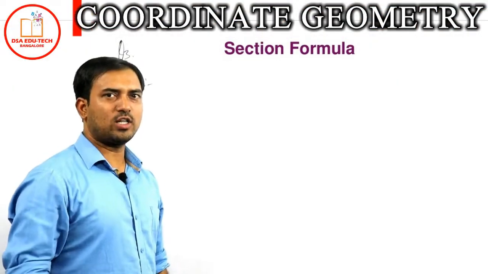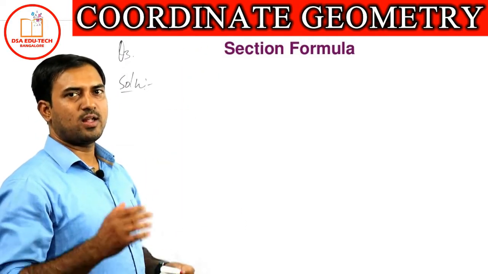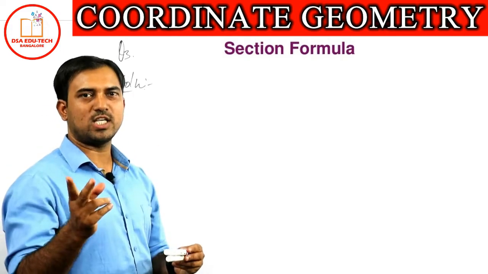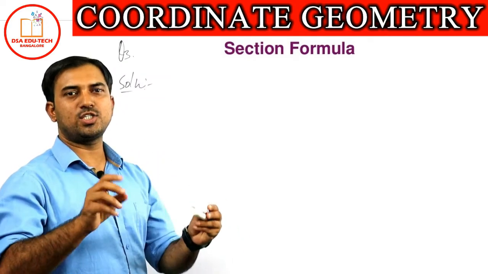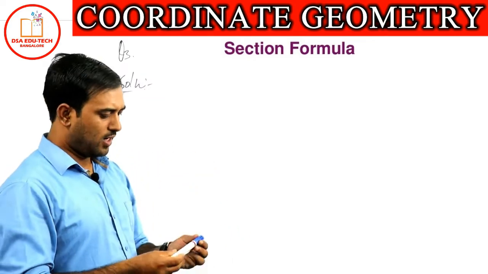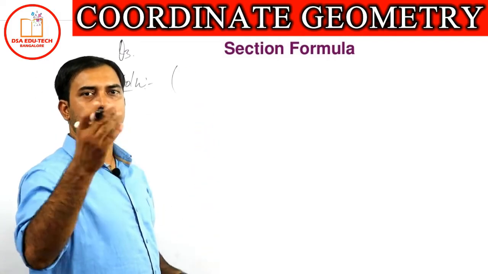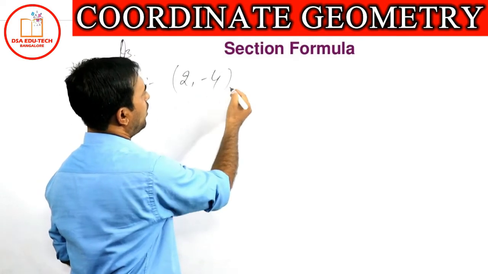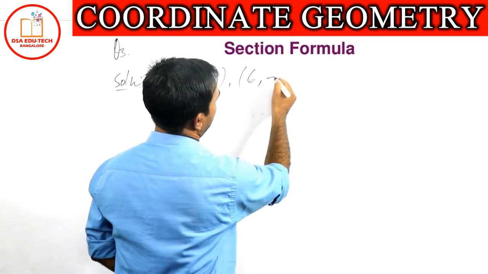So let me solve the third problem of section formula. This is little different. In the previous two questions, we found the coordinate of the points where the ratio were different. Here I am going to solve a question where the ratio would be same. So let me take a point 2, minus 4 and 6, minus 8.